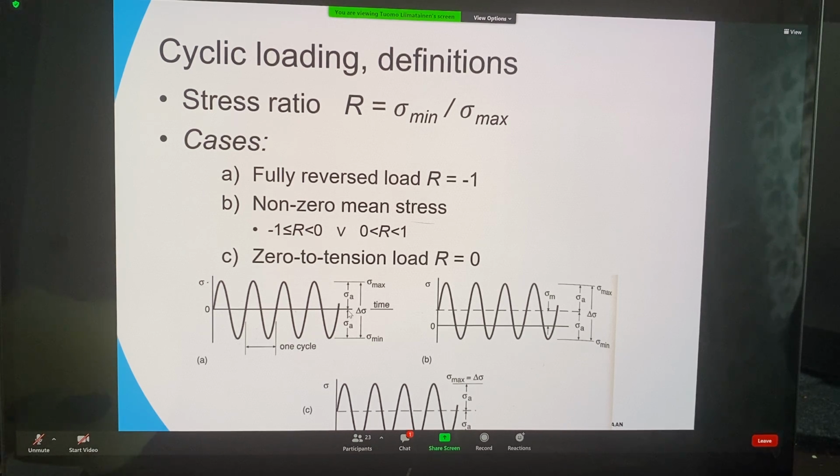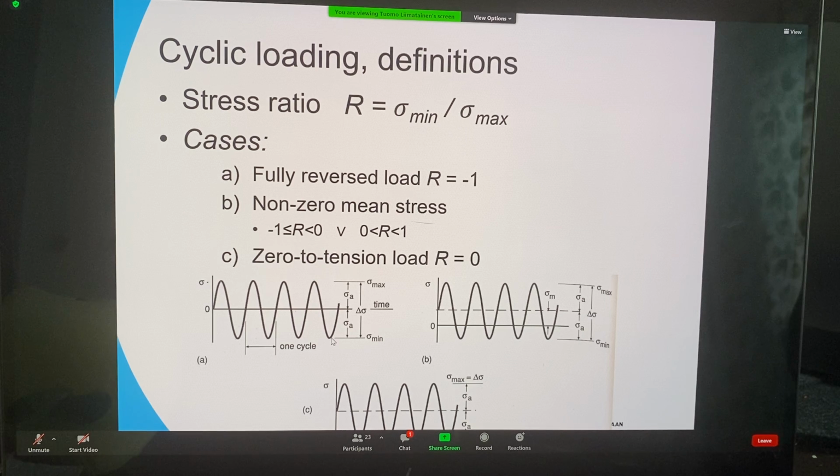And this means that the mean stress in the center is zero. So the amplitude to the tension side and amplitude to the compression side are equal. And when we calculate the R ratio for this case, it of course results in R equals minus 1.